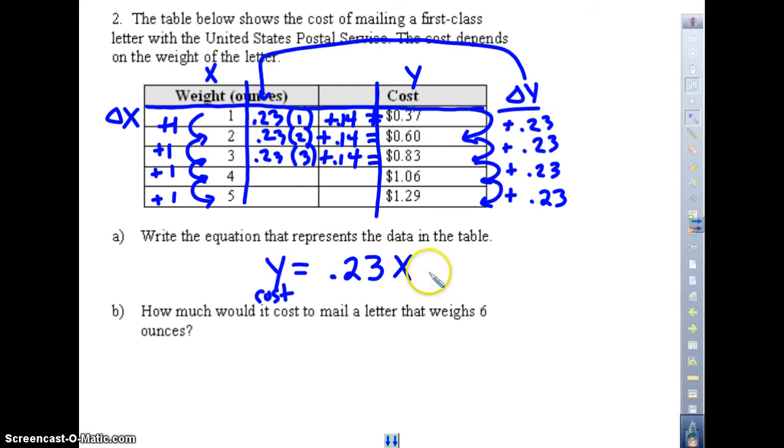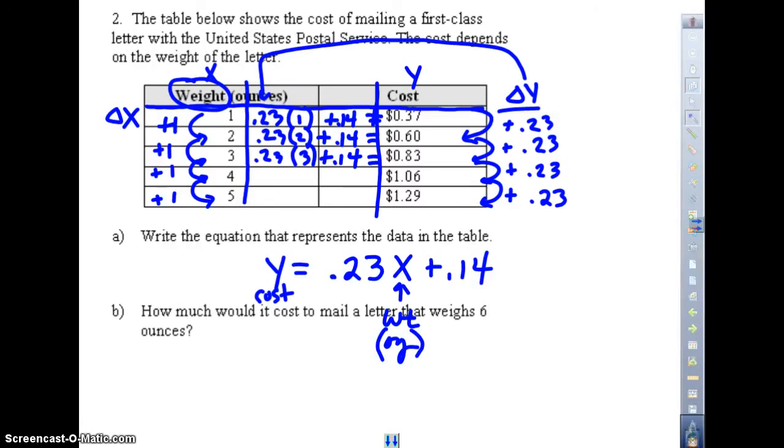X, then what? Plus 0.14, where X represents what? The weight. Yeah, weight of your mail in ounces. That's exactly right.